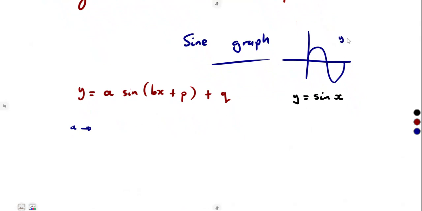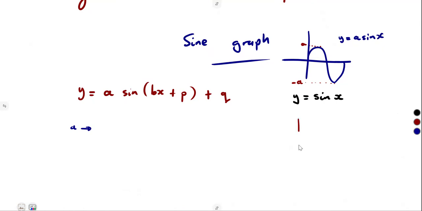Let's say y is equal to a sine of x. Without any other effect, the a that we see is going to be exactly here, a, and this one is going to be minus a, maximum and minimum values.